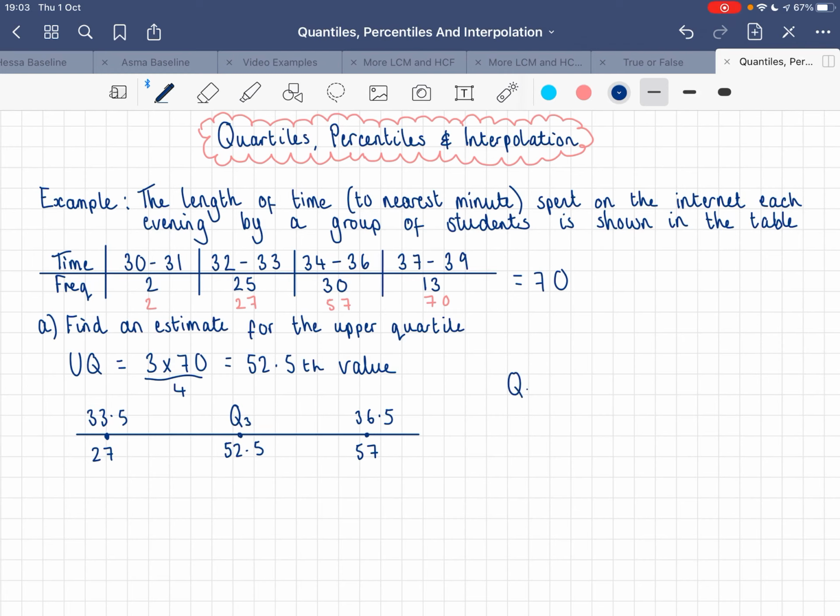So Q3 minus the lower boundary tells us how far into that interval we've actually gone. And we would divide it by the interval size to change it into a fraction.